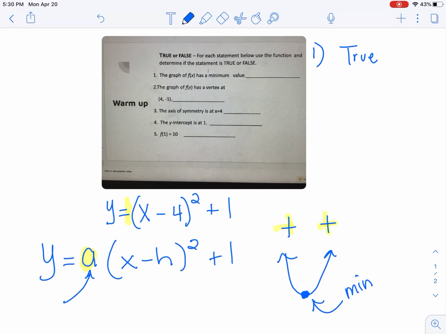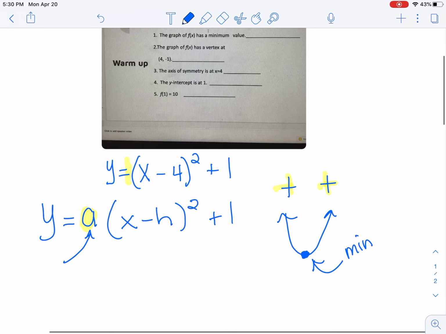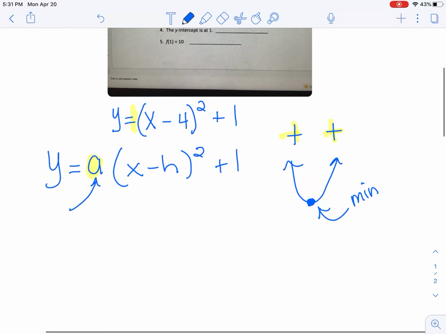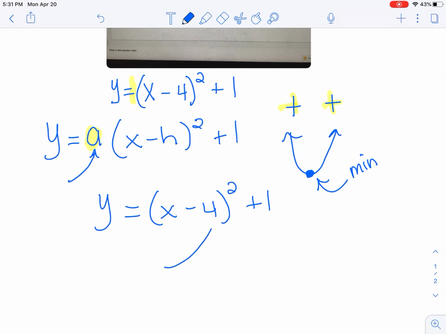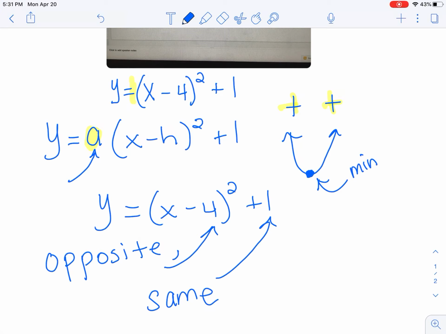All right, number 2, the graph of f of x has a vertex at (4, -1). Well, y equals (x minus 4) squared plus 1 is the original equation. We take the opposite, comma, same in order to get the vertex.